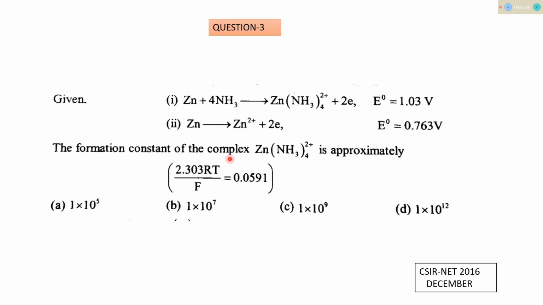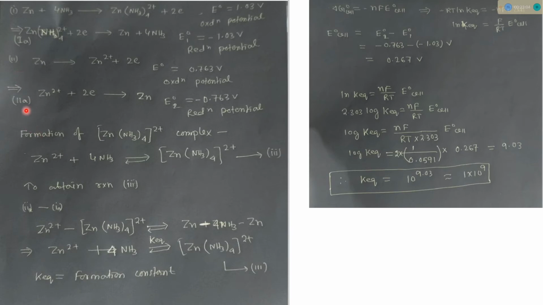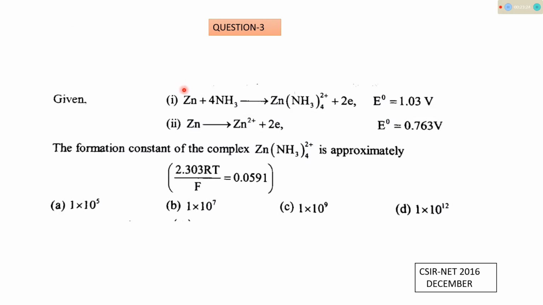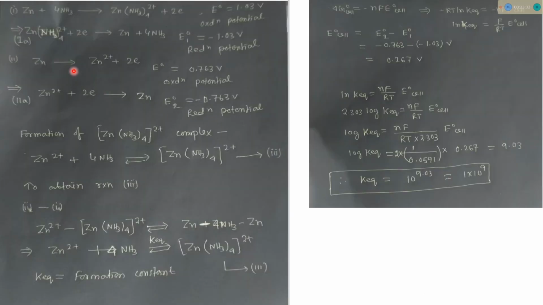So the formation constant of the complex is approximately. Here I again write the two oxidation reactions and their corresponding oxidation potentials. In the given question they are given as oxidation reactions, but I rewrite the equations by changing the direction.